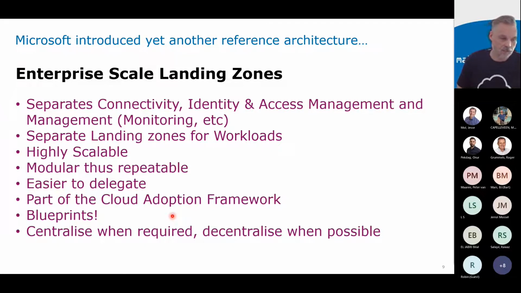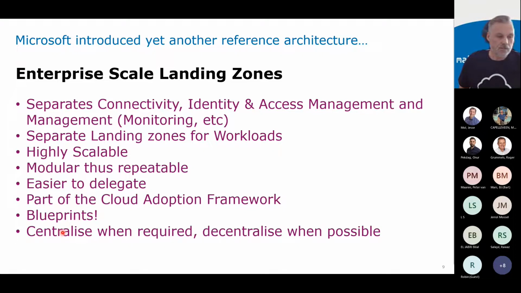I won't go too deep into that, but Blueprints is a collection of ARM templates, policies, and role-based access control role assignments, which you can assign at a certain level, mostly on management groups, and it will deploy the complete landing zone for you. And you can create the blueprints in draft first and then publish them so the deployments commence. But you can also, of course, deploy the Cloud Adoption Framework from, for example, Azure Pipelines.